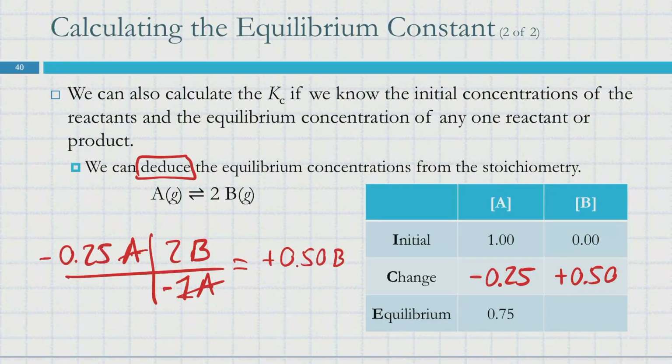All right, so from our change in A, we figured out how much B must have been created by losing that much A. And then we add that to our initial amount, and we've got 0.50 units for our equilibrium concentration of B.